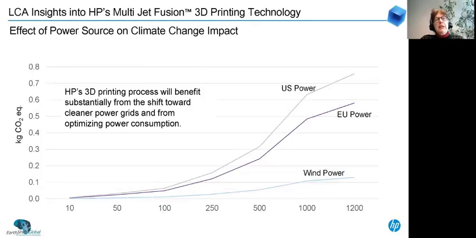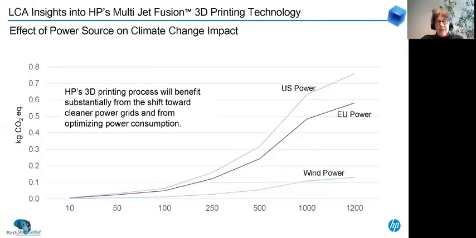We were looking at both European and US energy to begin with for this part, as there are automotive manufacturers, a lot of them, in both the US and Europe. And so HP wanted to understand that. But they also wanted to look at wind power. And so we looked at how wind power changed the configuration.